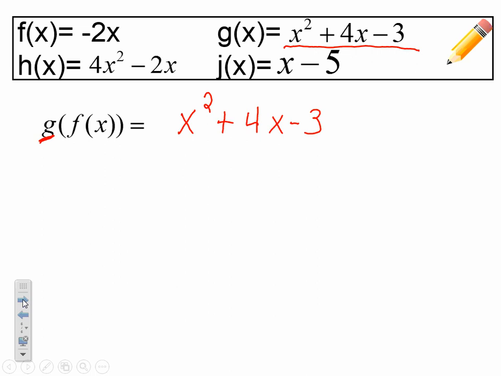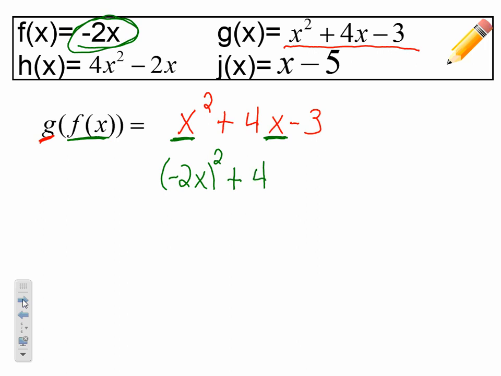Now I know that I have to replace this with the f of x, which is right here, the negative 2x. So anywhere I have an x, I need to replace it with negative 2x. So when I do this first, I'm going to have negative 2x squared plus 4, have to replace the x with negative 2x, minus 3.